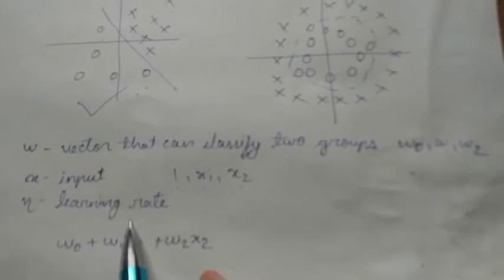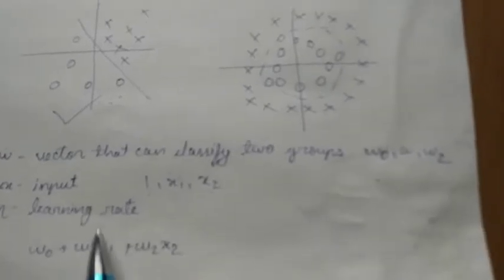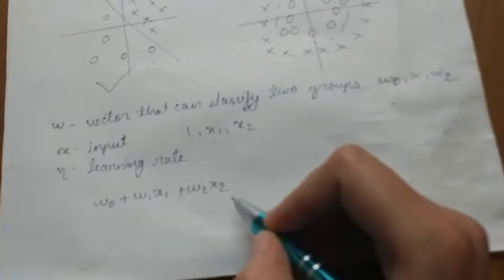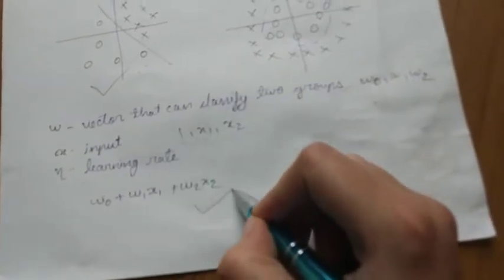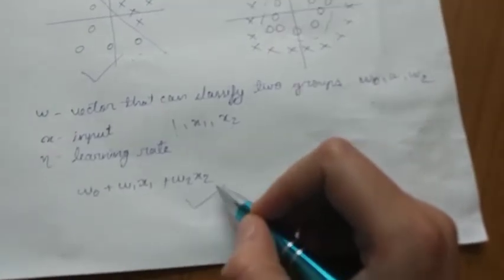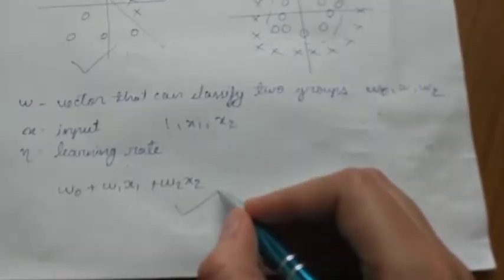Now for learning purposes, these two vectors, omega and the input vector, are multiplied to obtain this equation: omega 0 into 1, omega 0, then omega 1 into x1, omega 1 x1, and so on. This equation is the core of classification in the perceptron.